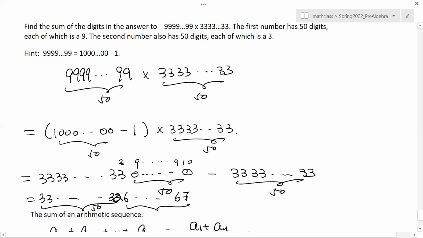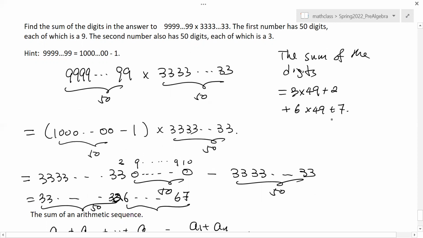Add them together, the sum of the digits. How many 3s are there? 3 times 49 plus 2. And here's 6 times, also 49, plus 7. Then you add them together, and you will get the answer.